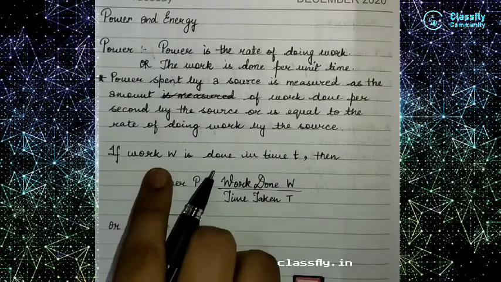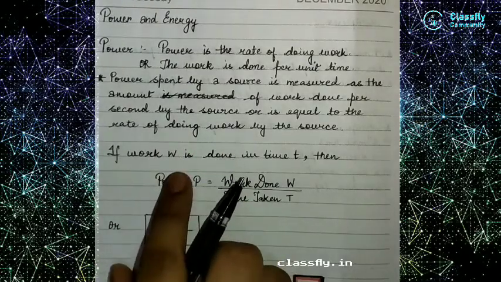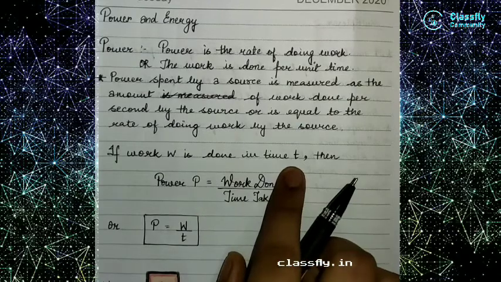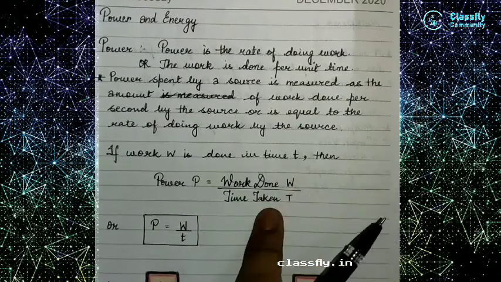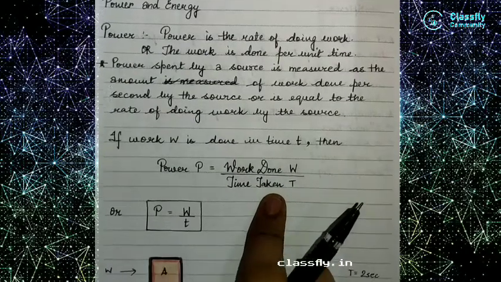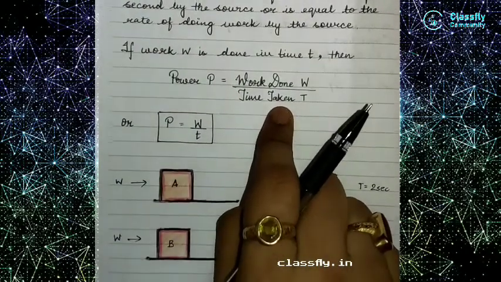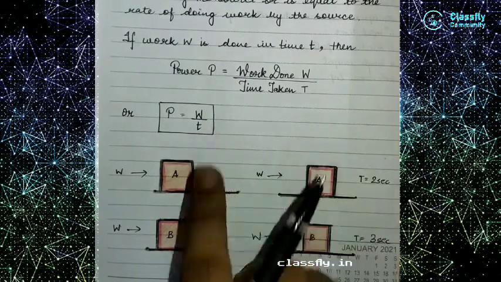If work W is done in time T, then power P is equal to work done divided by time taken, or we can write this as P equals W by T.